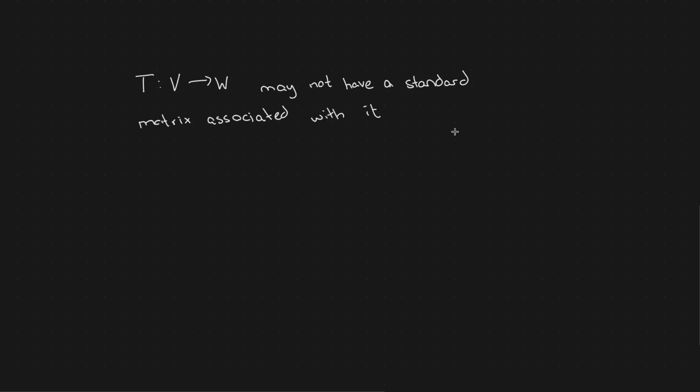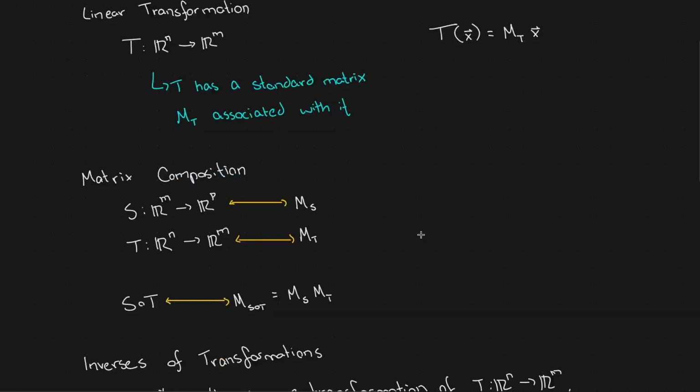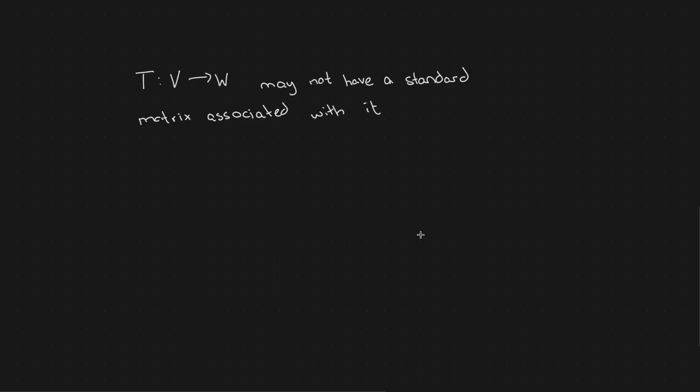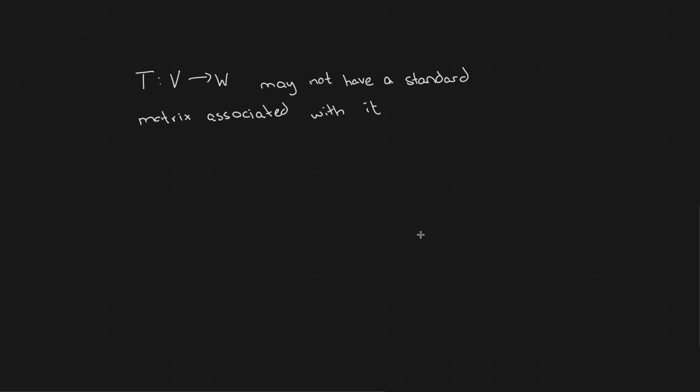But we saw up here, when it does, it behaves a lot like a matrix, right? When the transformation has a standard matrix associated with it, it behaves a lot like a matrix. So we can extend the ideas of matrices to places where a matrix may not make sense by thinking of linear transformations.